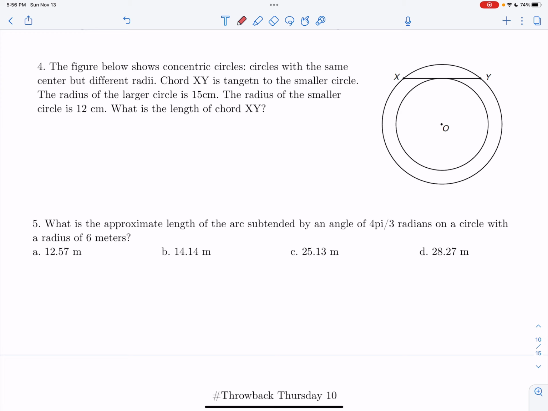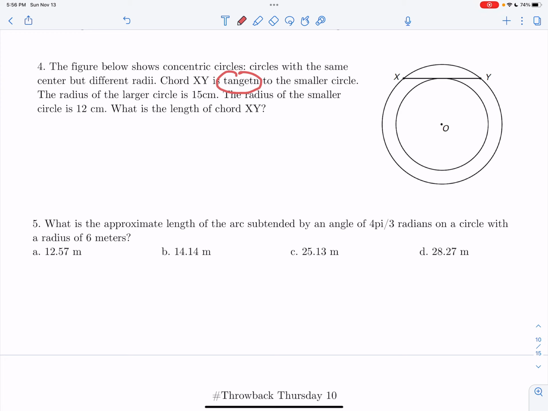Number 4, the figure below shows concentric circles with the same center but different radii. So we have chord xy, and it is tangent to the smaller circle. The radius of the larger circle is 15 centimeters and the radius of the smaller circle is 12 centimeters. What is the length of chord xy?